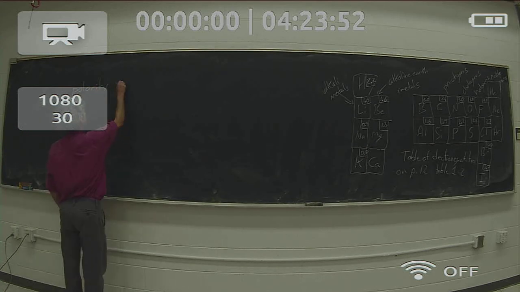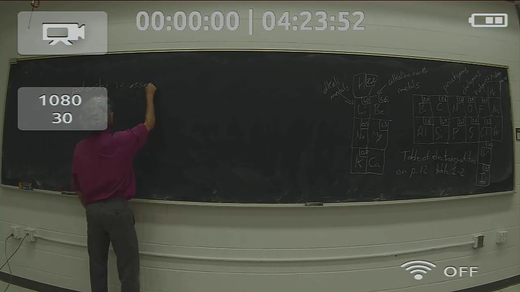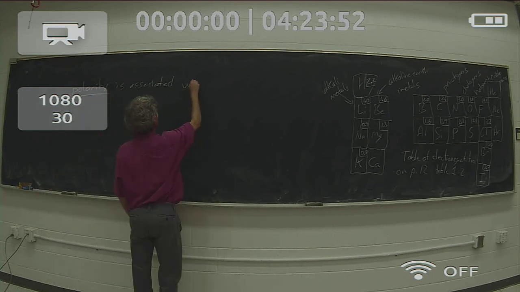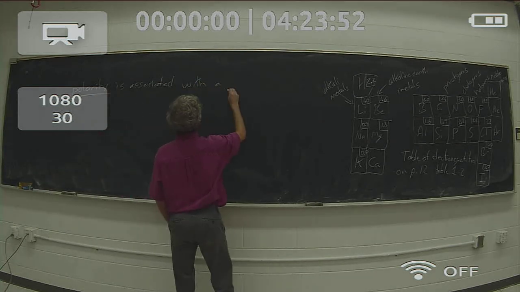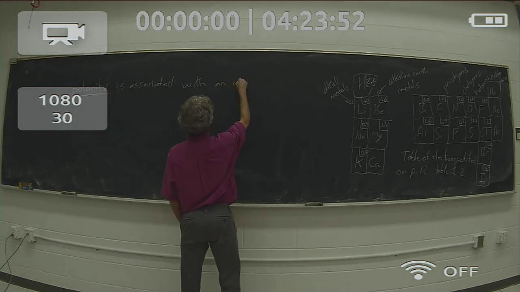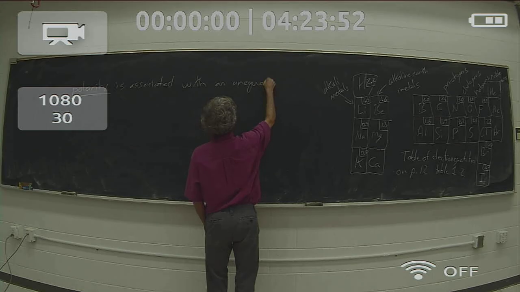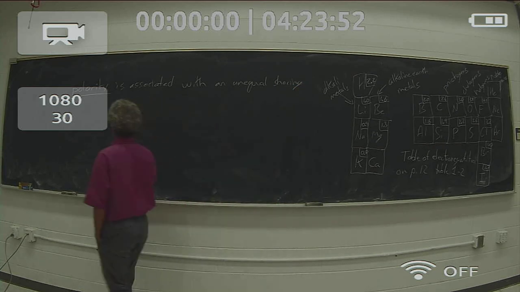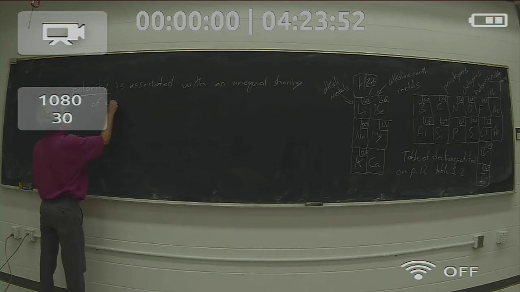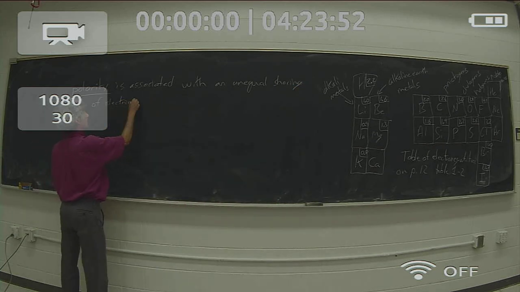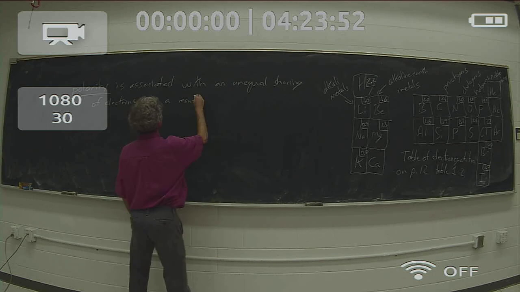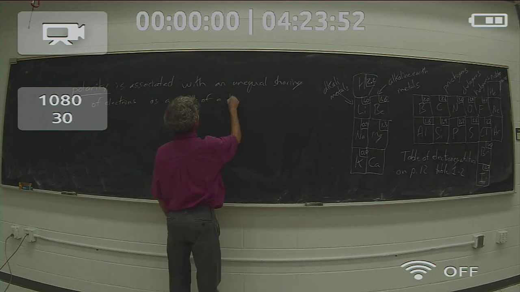Polarity is associated with an unequal sharing of electrons as a result of a difference in electronegativity.